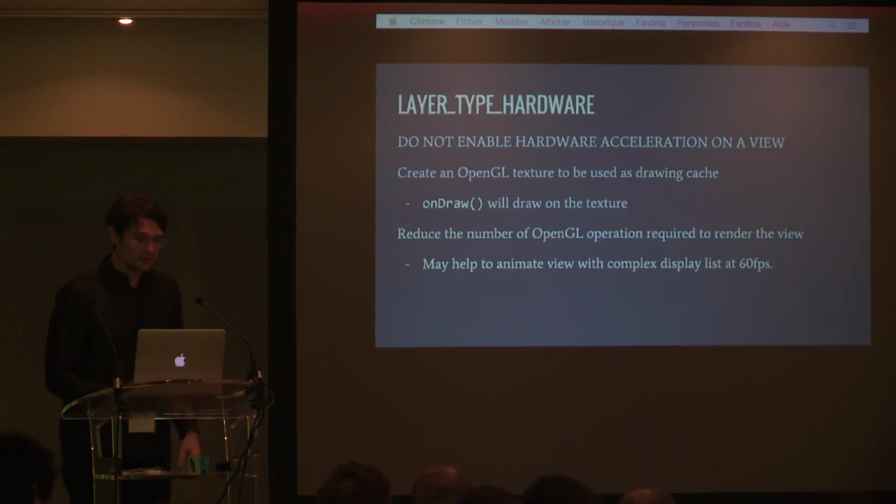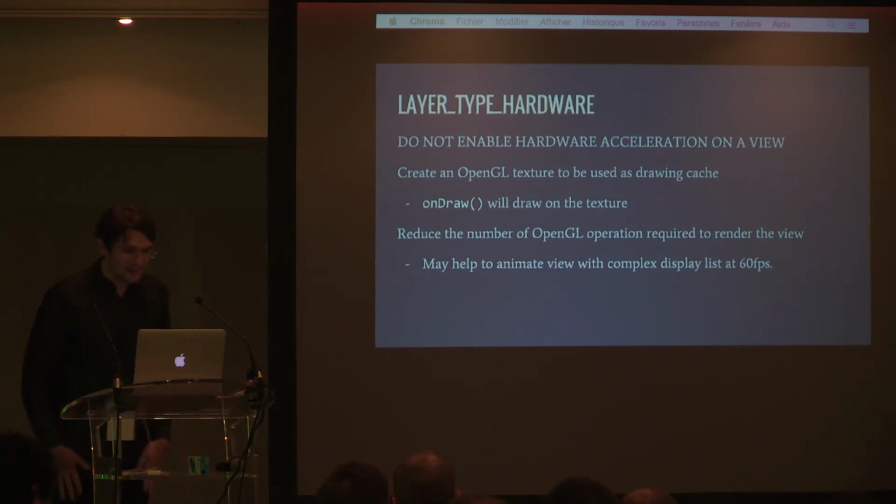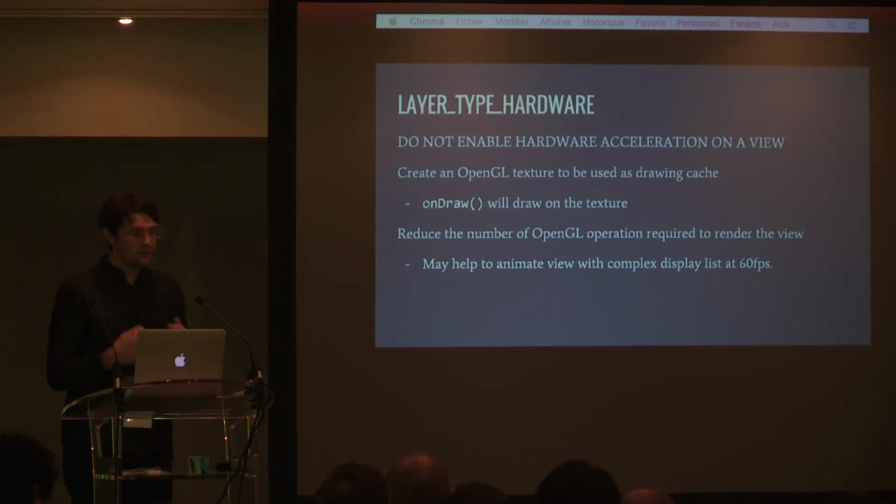So if you really need a drawing cache, as they are really performant, you should try to keep this one, LayerType hardware. What it will do is, instead of building the display list, everything will be rendered on a texture that will be ready.